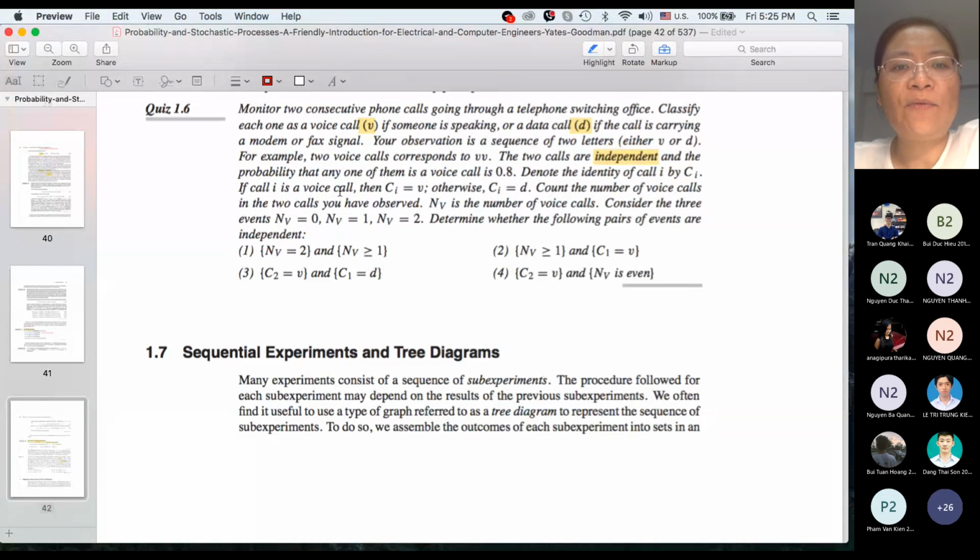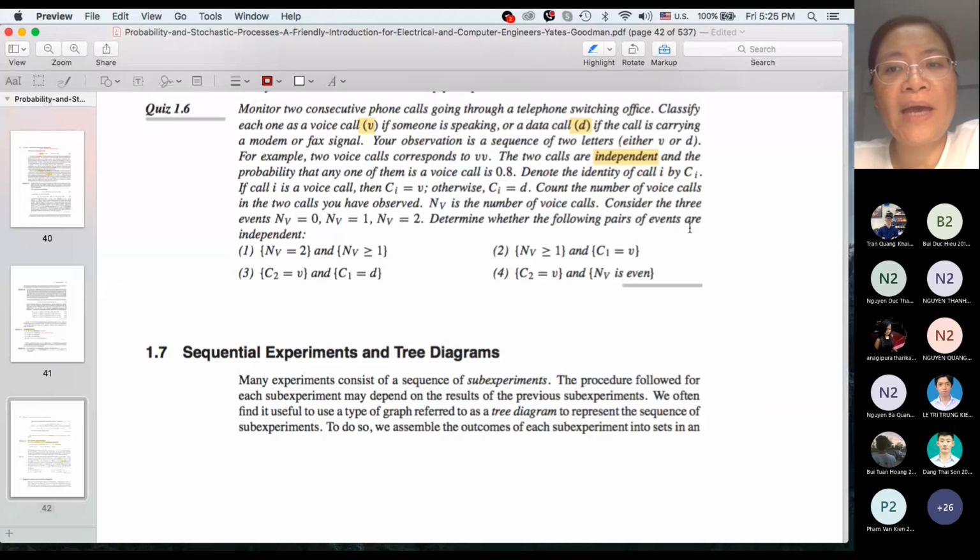If call i is a voice call, Ci equals V. Otherwise, Ci equals D. Count the number of voice calls in the 2 calls you have observed, and V is the number of voice calls. Consider three events: V equals 0, two calls have no voice call; V equals 1, only one voice call; and V equals 2, two voice calls.